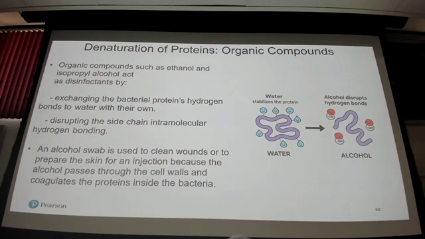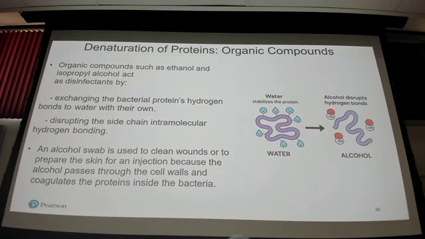And so alcohols or organic solvents or compounds also disrupt or denature our proteins. And they do this because in aqueous environments, water forms like a hydration shell around the protein. This is a picture to your left, like a little schematic.